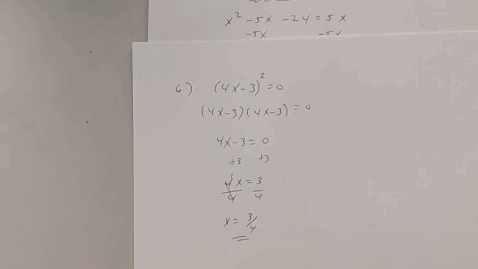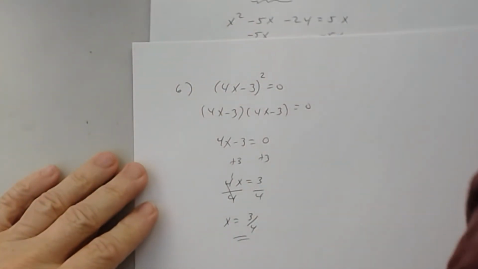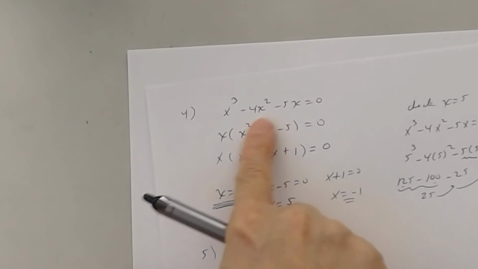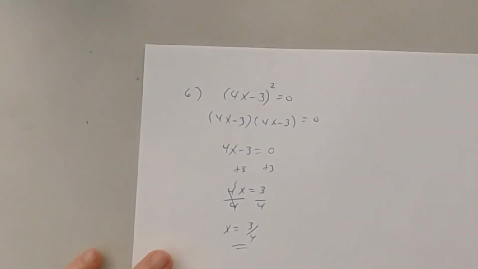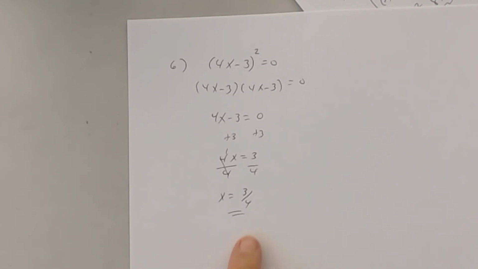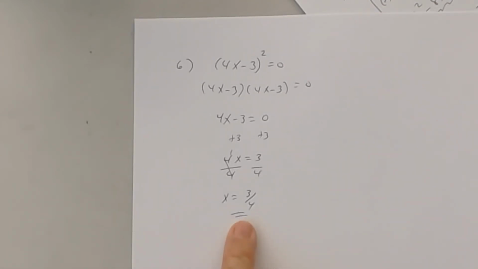If you go back and look at all the quadratic equations, those that were quadratic, not number 4, because number 4 is not quadratic, number 4 was cubic. But if you go back and look at all your quadratic equations, how many solutions were there? There were 2. How many solutions do you see here? 1.